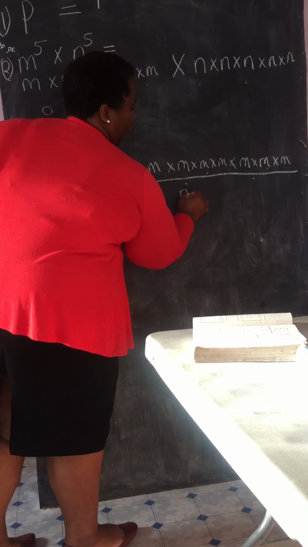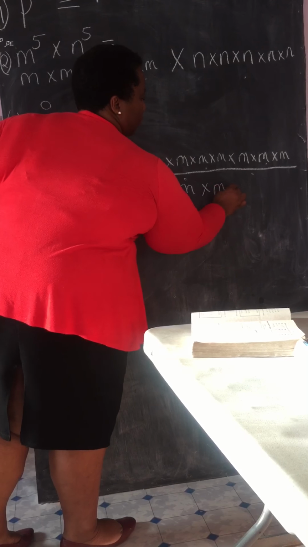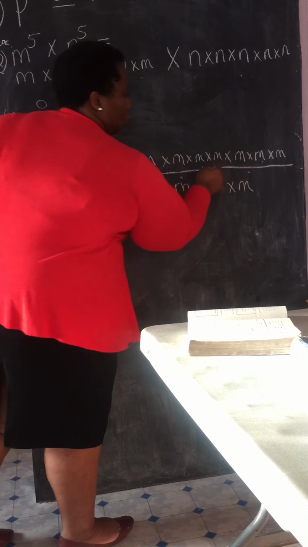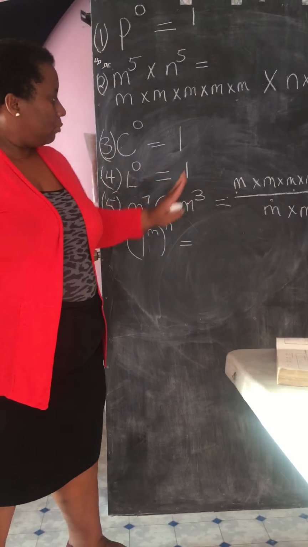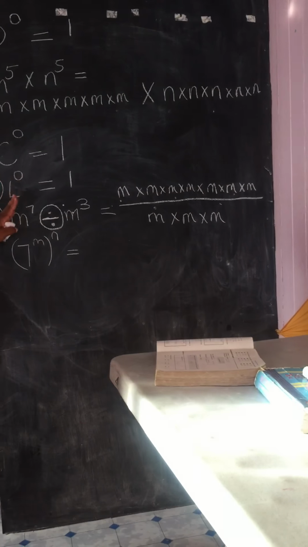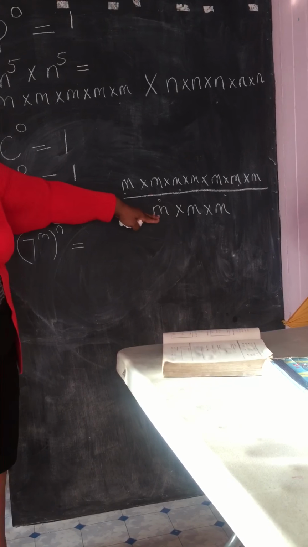So under here we're going to have m by m by m. So when you set it out like this, you can clearly see your top, which would be your numerator, and you can see your denominator.